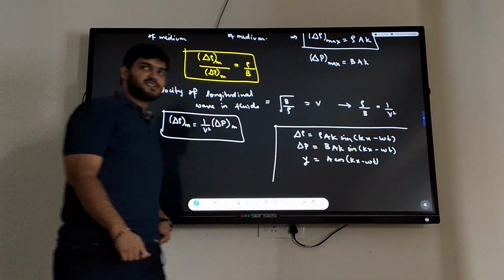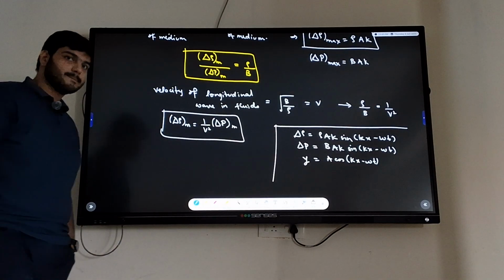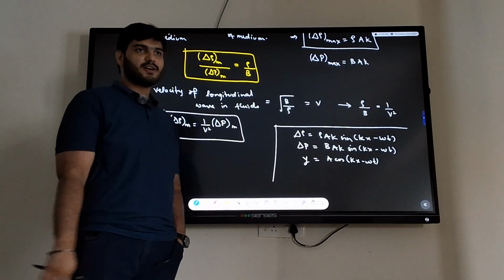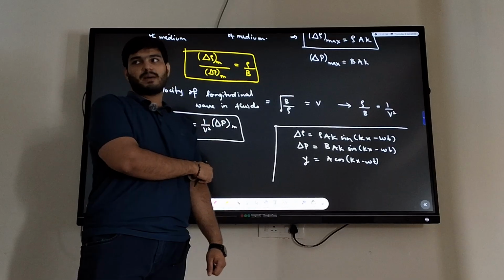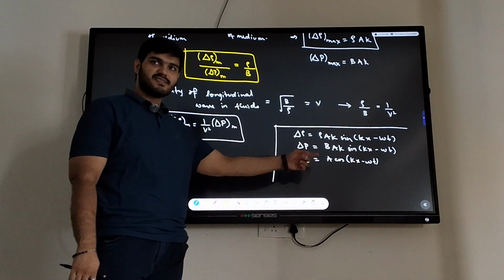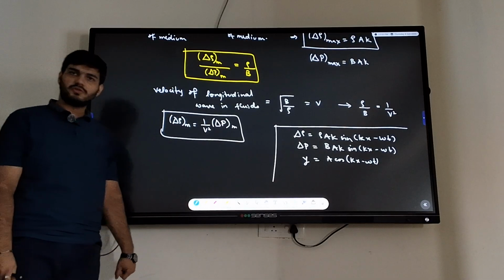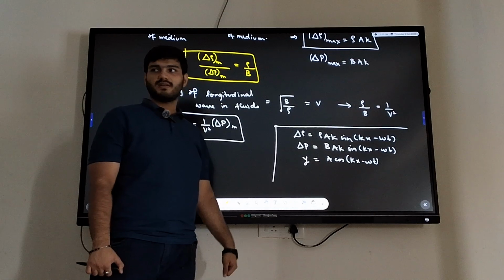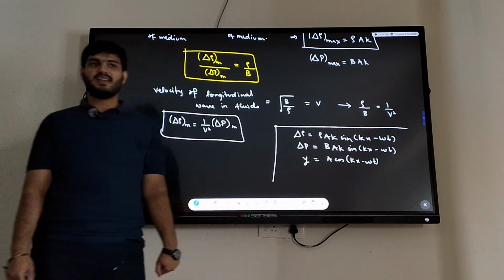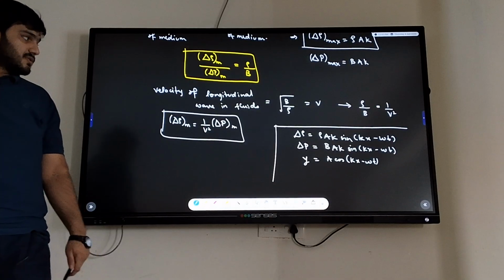Can you now tell me what's different in delta rho and delta p and what's same? They have k and omega the same. What is different? Their amplitudes are different. Anything else that is same? Do they have a phase difference? They have zero phase difference. They are in phase. So you should know this stuff.